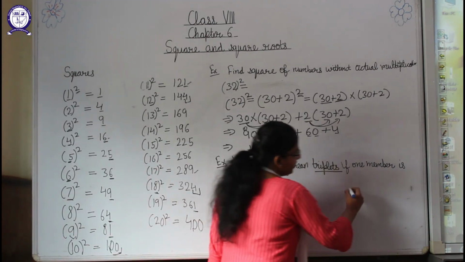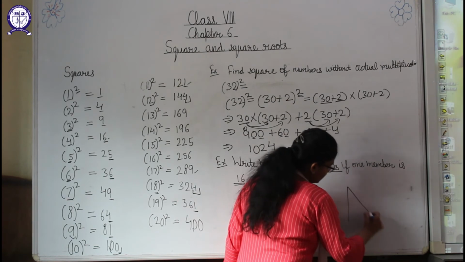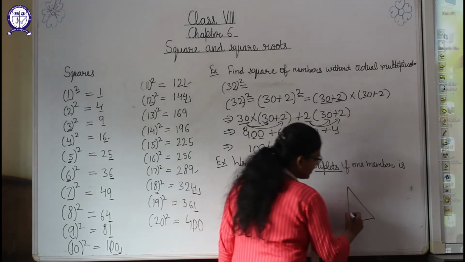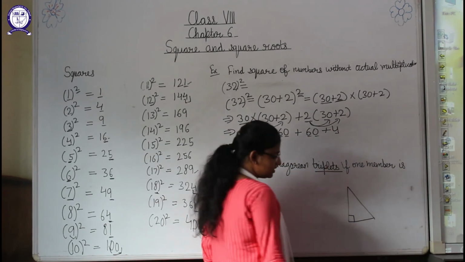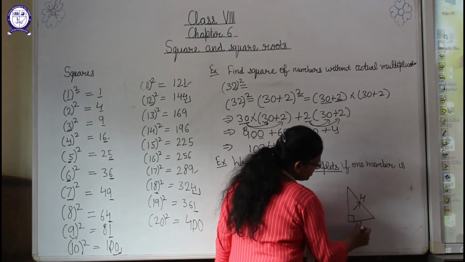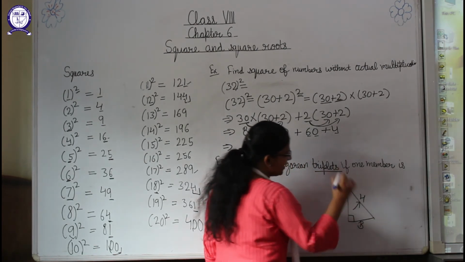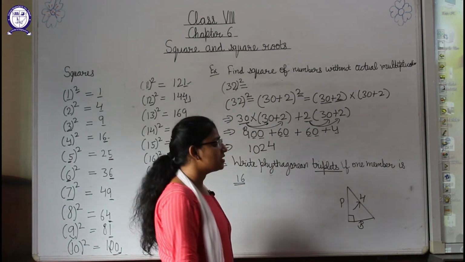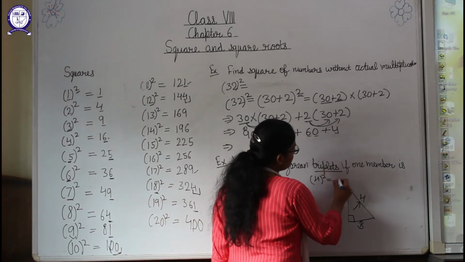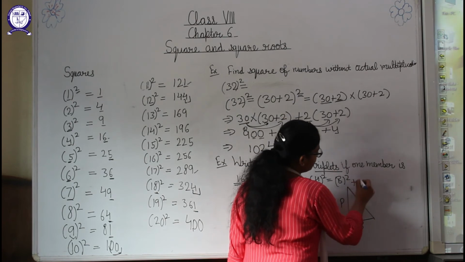Pythagoras theorem. You must have learned about the right angle triangles. Okay, in the right angle triangles, this is the 90-degree angle, this is called hypotenuse, this is called base, and this is called perpendicular. Okay, and what is Pythagoras theorem? Pythagoras theorem is hypotenuse square is equals to base square plus height square.